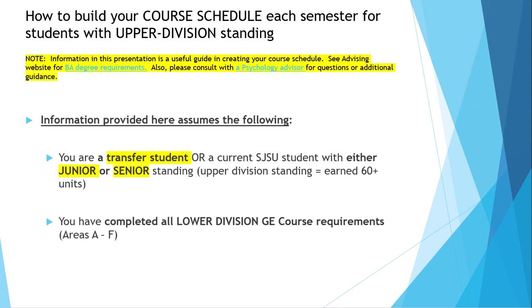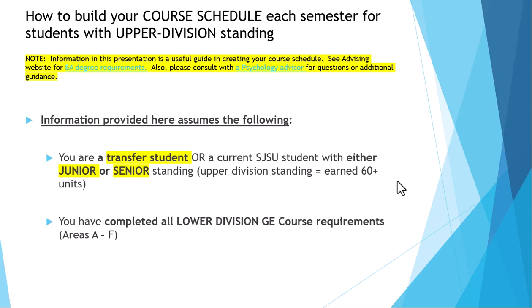You can see additional information on our psych website. We'll talk about the Bachelor of Arts degree requirements specifically. And as always, if you have additional questions or you need further guidance, then please come see one of the psychology major advisors. So again, in this presentation, I'm assuming that you're a transfer student or a current San Jose State student with either junior or senior standing.